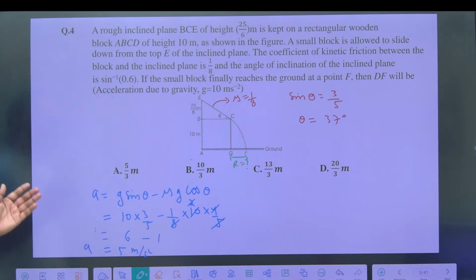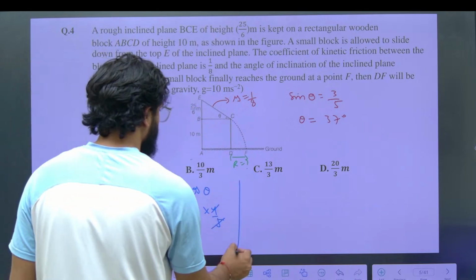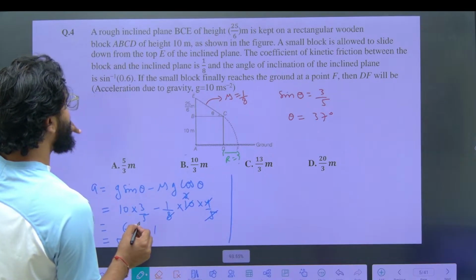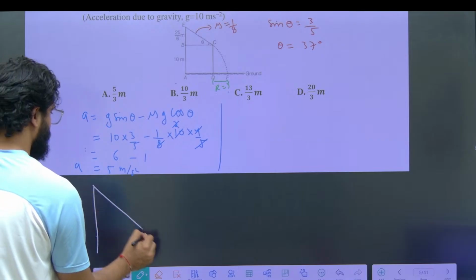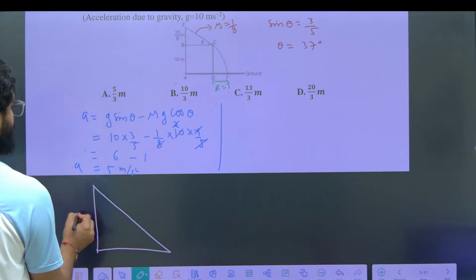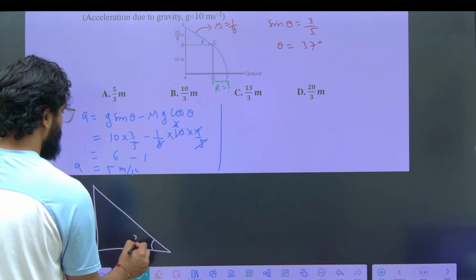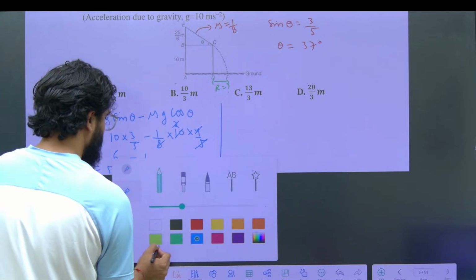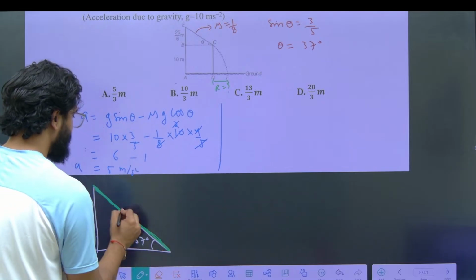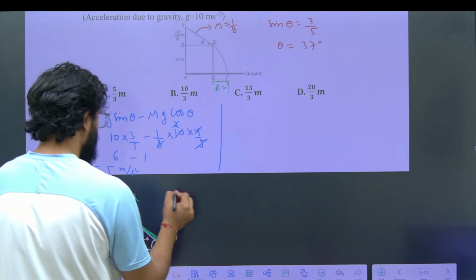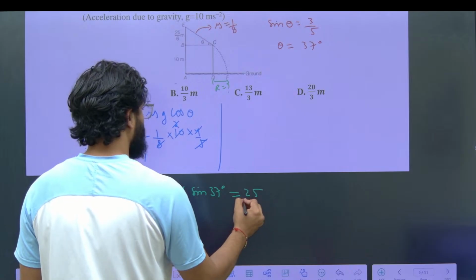How much distance do we have to travel along this? We can calculate the slant height, or the hypotenuse, over here. This is 25 by 6 meter and the angle over here is 37 degree. So if this is x, can we write x sine 37 degree equals 25 by 6?